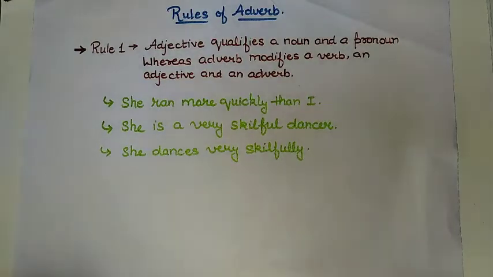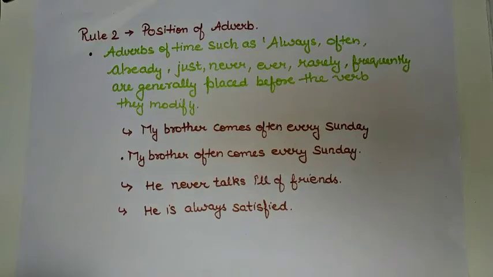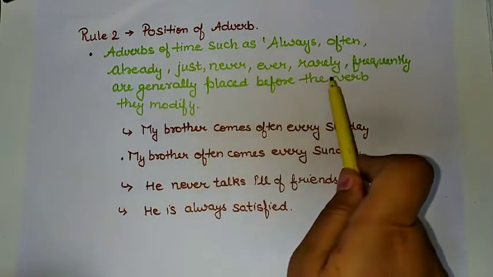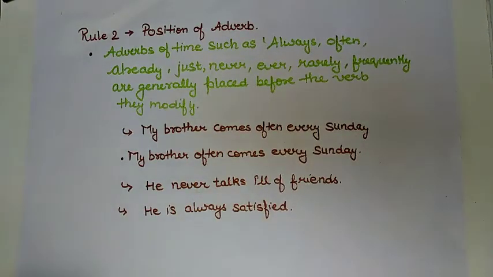After this, rule number 2 is position of adverb. That means where we are placing the adverb in a sentence. Adverbs of time such as always, often, already, just, never, ever, rarely, frequently are generally placed before the verb they modify.